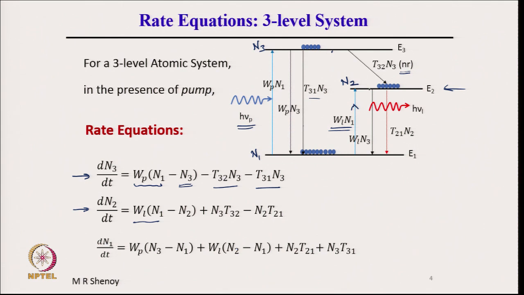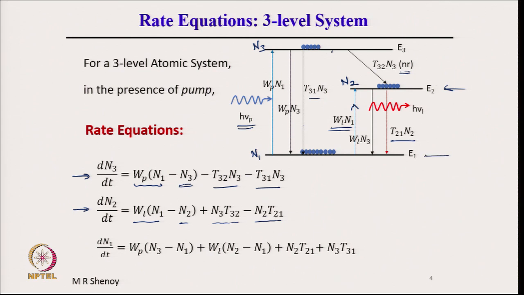WL into N2 will come down, and therefore it is negative, and then T32 into N3 will add atoms to level 2, and therefore it is positive, N3 times T32, and minus N2 times T21, because the T21 transition will bring down atoms from level 2, which means there is a loss of atoms at level 2, and therefore it is a negative sign. This is for this level.